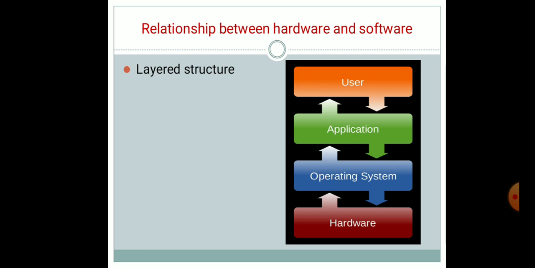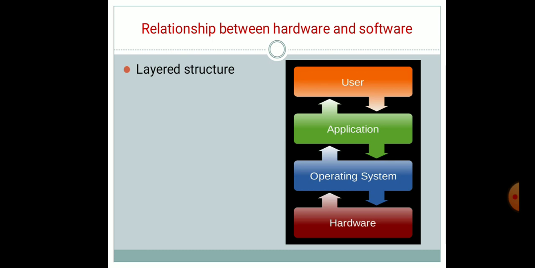Here the user is the one who is using the computer, and application software and operating system come under the software, and the last one is hardware. So the user is giving instructions through the software to the hardware. The user gives input to the application software, it moves on to the operating system, and the operating system guides the hardware.